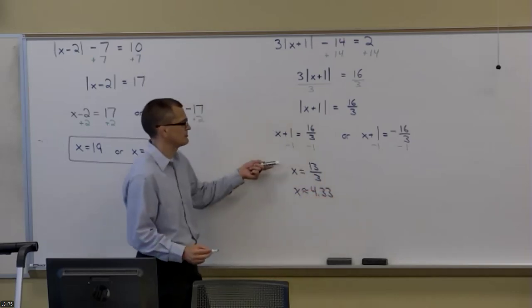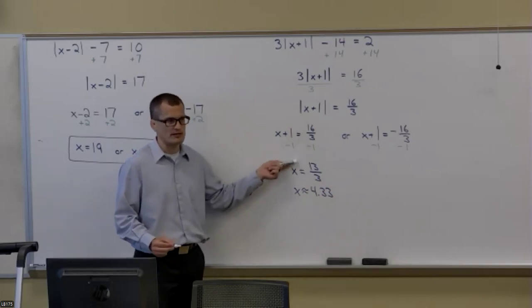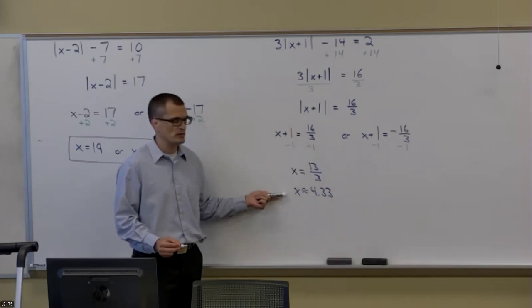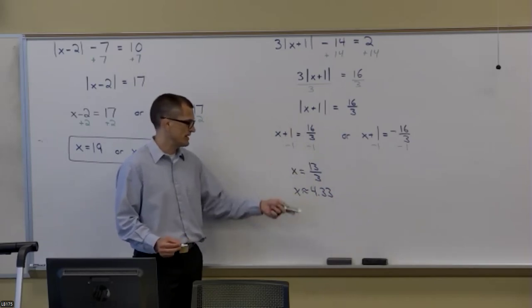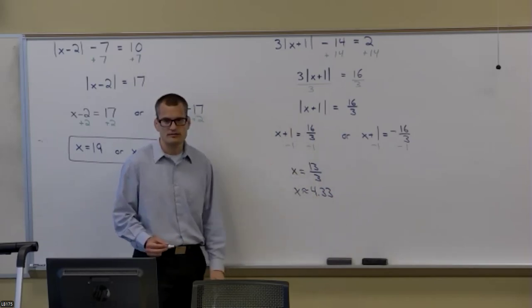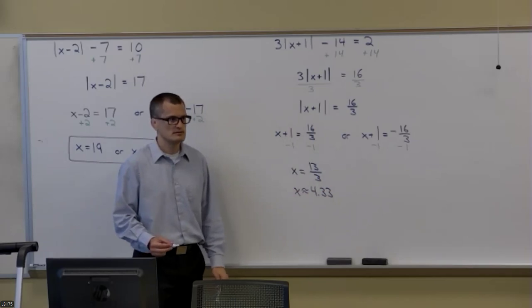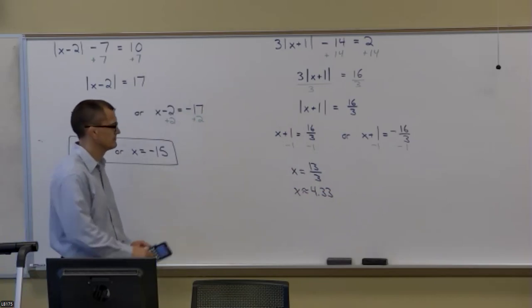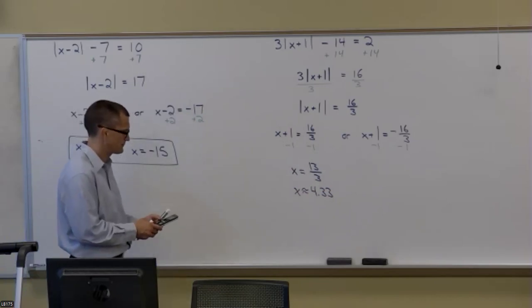If Moodle asks you for the improper fraction, just write 13 over 3. If it asks you for the decimal rounded to a couple of decimal places, just type that in your calculator, get 4.33. Right? Nothing too shocking there.